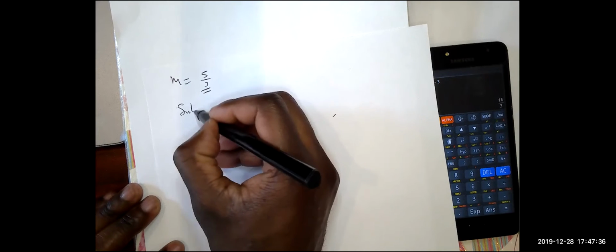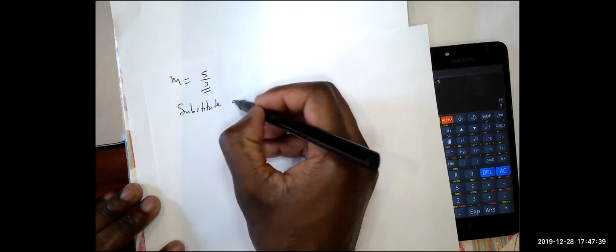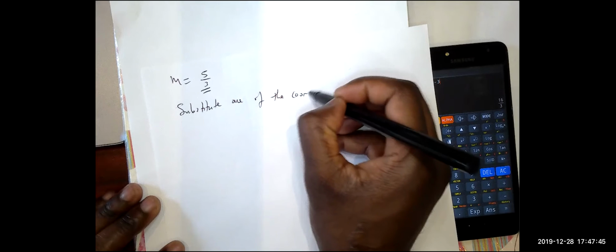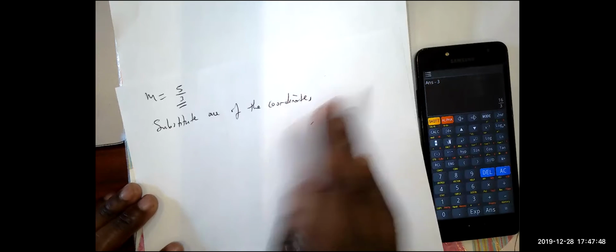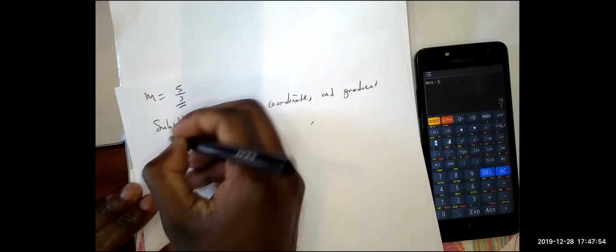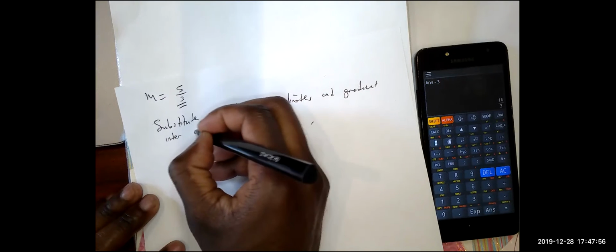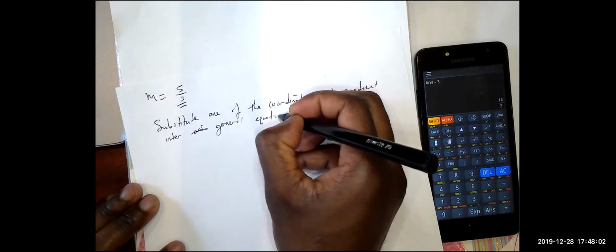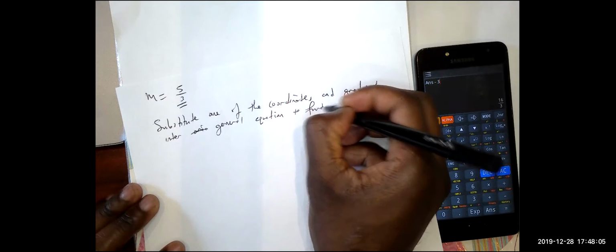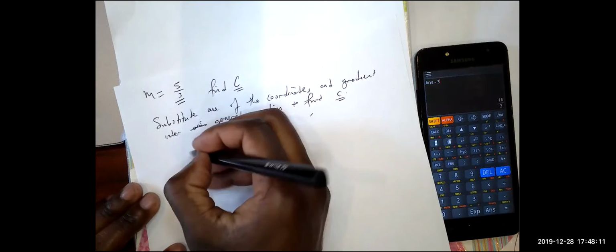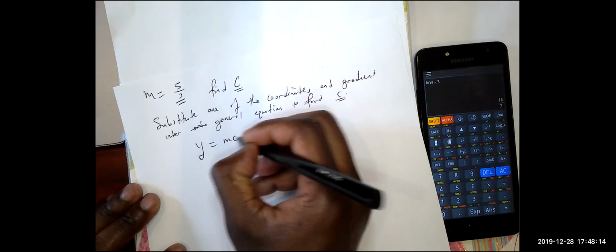Now what you need to do is to substitute one of the coordinates and the gradient into the general equation to find what? To find C. So you have to find C. That's the second part there. And you know that the general equation here is y is equal to mx plus c.